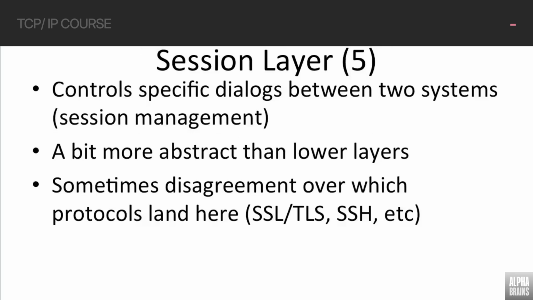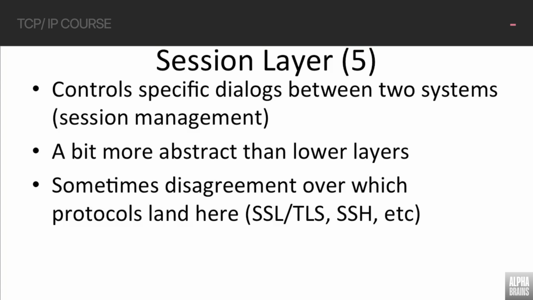Now we have a session layer on top of that. That's layer 5. It controls specific dialogues between two systems. So layer 5, not surprisingly, does session management. This one's a little more abstract than the lower layers, and sometimes there's disagreement over which protocols land here, because sometimes there's overlap between functionality.